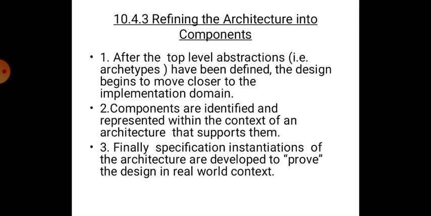And point number three, finally, specification and instantiation of the architecture are developed to prove the design in the real world context. Students, the final step is that you should develop the particular system's subfunctions, or instantiations as it is properly called, and prove that the system can be developed and implemented in the real world context.